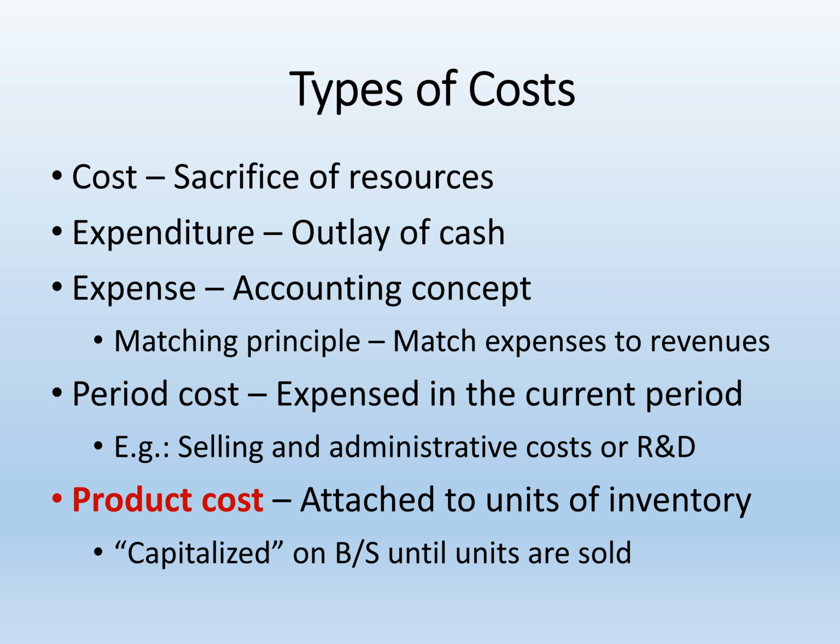That is, it's turned into an asset and it's recorded on the balance sheet until sometime in the future when the goods are sold. By contrast, the cost of goods that are sold during the period is recognized on the income statement so that we can match the cost of those goods to the revenues that they help the firm to generate.